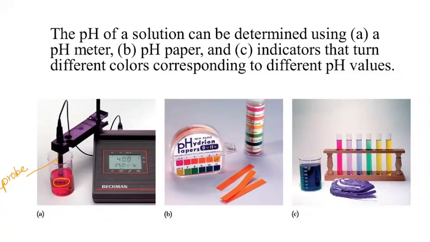So what is pH paper? It is a paper that has been coated with a dye that, when it touches a solution, is going to adopt a particular color, okay?